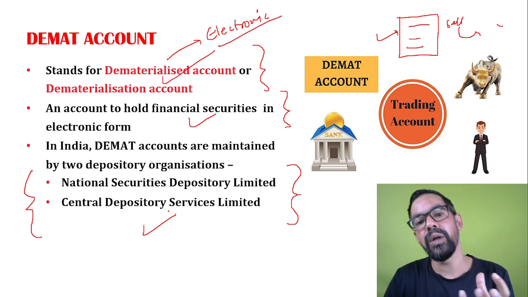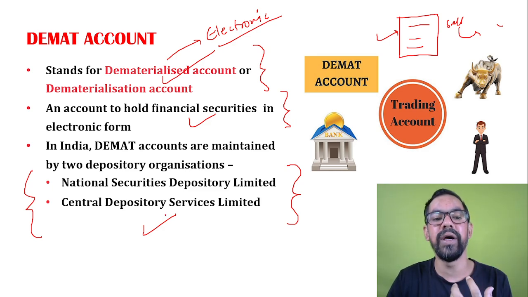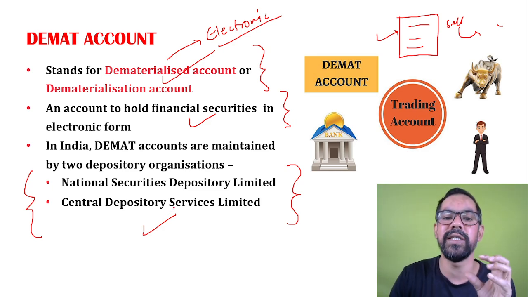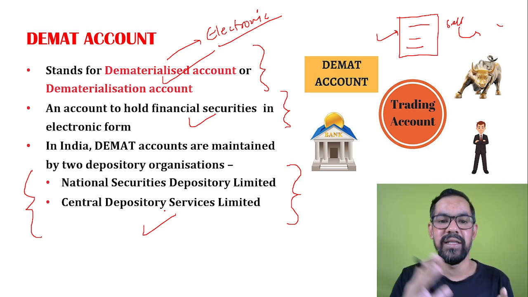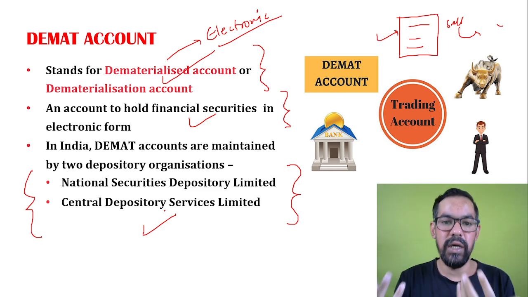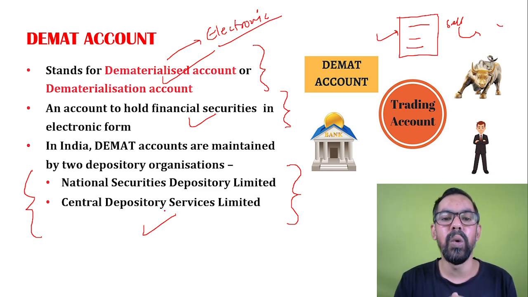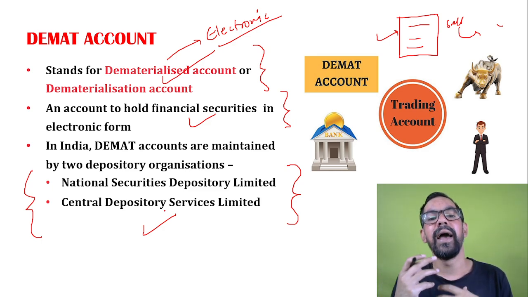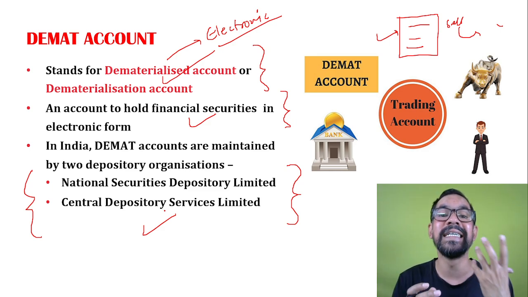So a DEMAT account, as the name states, is a dematerialized account, in electronic form, where you can hold financial securities in an electronic manner. With the help of this account, you can easily buy and sell securities, liquidate your securities, transfer them, hold market positions, or analyze your portfolio size on a real time basis.